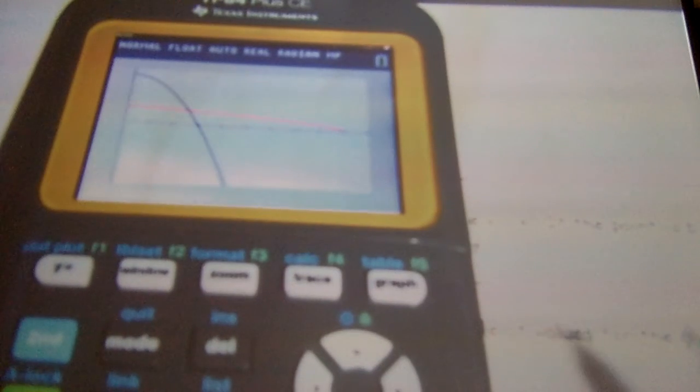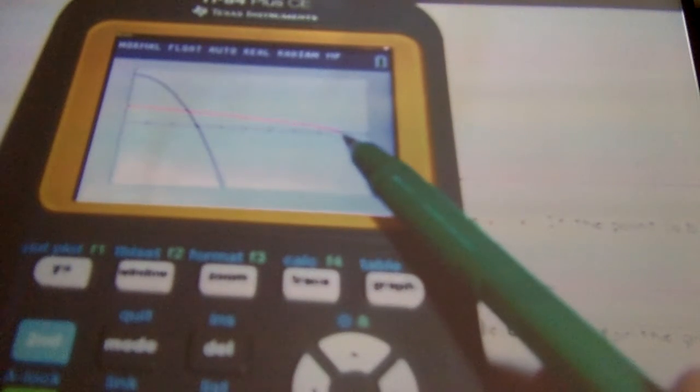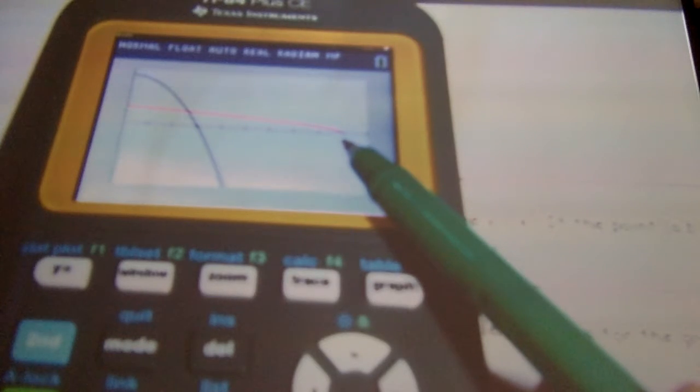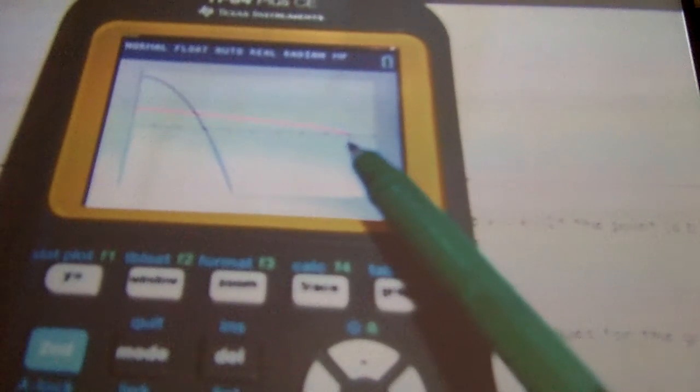Okay, how'd you get it to look like that? Window 0 to 10. What is this point right here? That's (9, 0). What's this point here? (0, 9). Let's put in this third function.